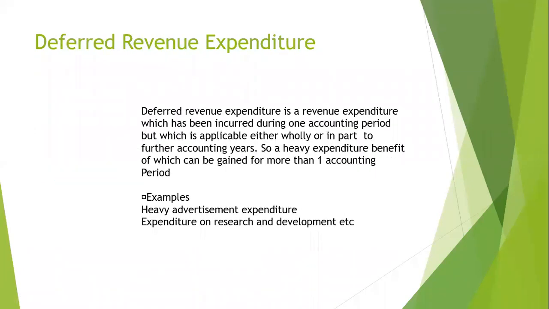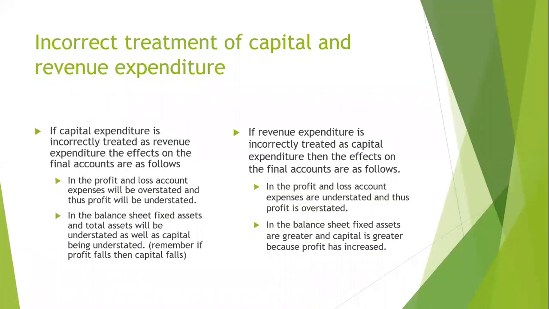Let's talk about incorrect treatment of capital and revenue expenditure. If capital expenditure is incorrectly treated as revenue expenditure, the effects on the final accounts are as follows. In the profit and loss account, expenses will be overstated, and so the profit will be understated. And in the balance sheet, fixed assets and the total assets will be understated, as well as capital being understated.